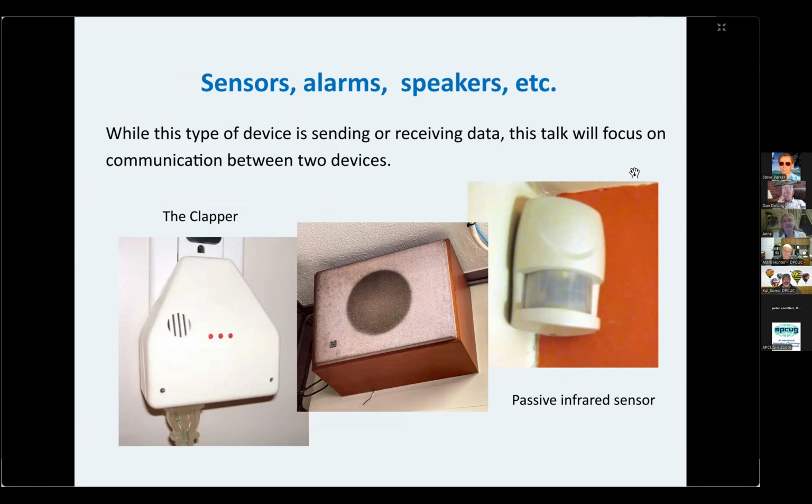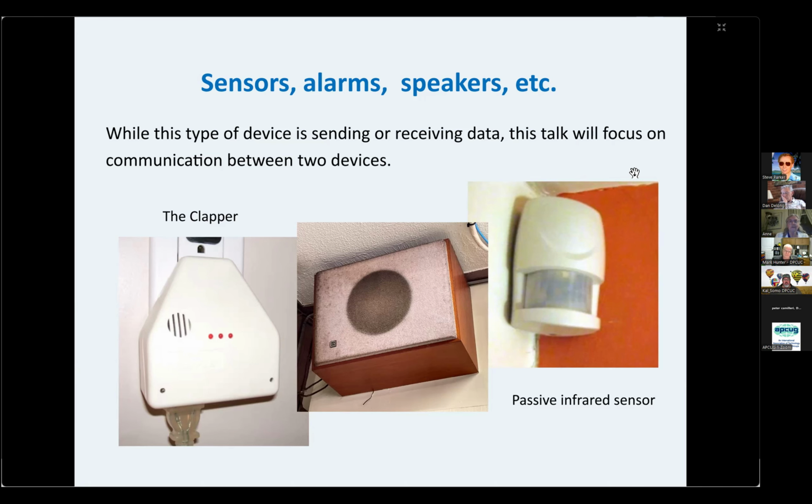Well, it is receiving data, but it's not between two devices unless you count yourself as a device. And the same thing with these infrared sensors. They are receiving data about temperature, but it's not really between two devices. And the same thing with speakers. They're just sending it one way.